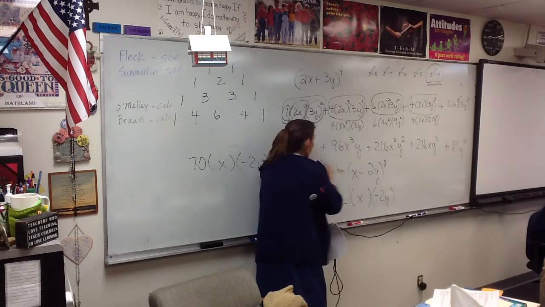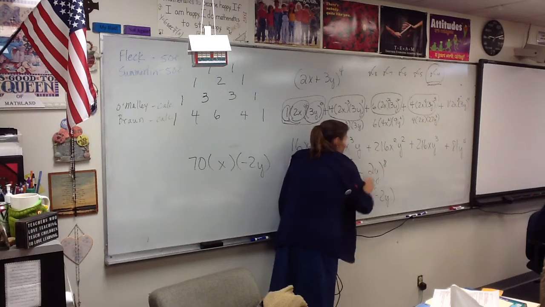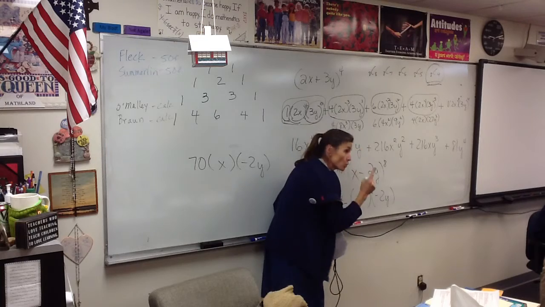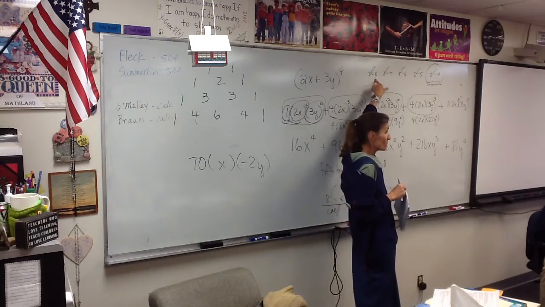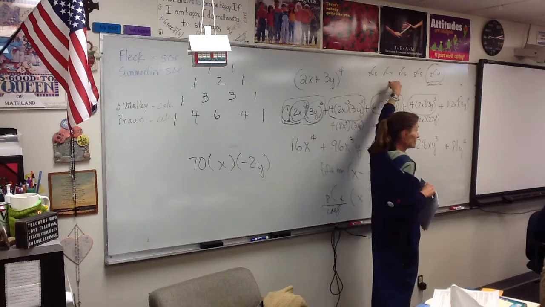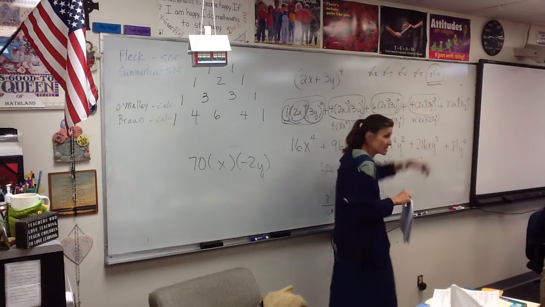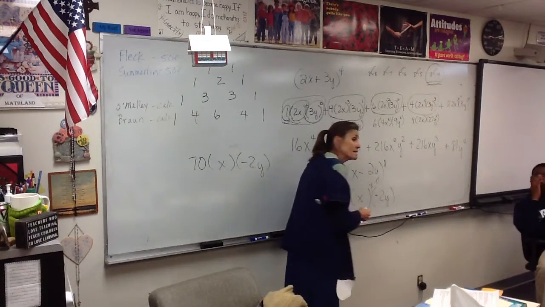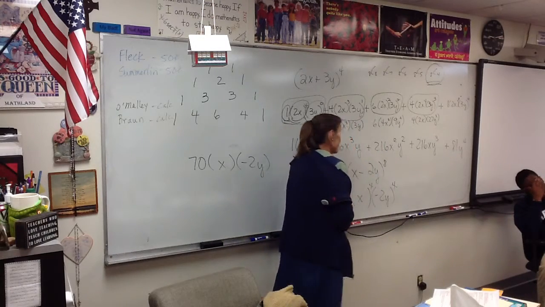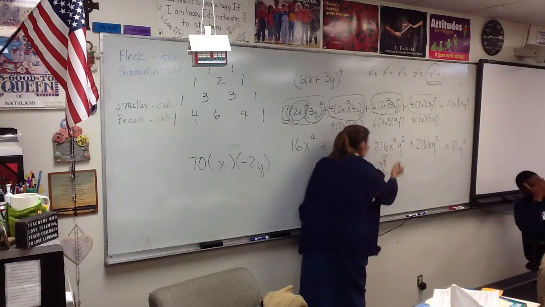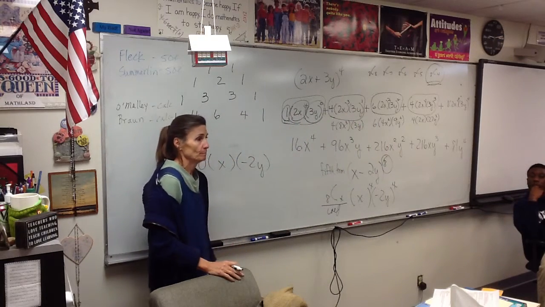If I wrote out the whole row, the first x exponent would be 8. So here, the x exponent would be 8, 7, 6, 5, 4. So my x exponent is 4, which means my y exponent is also 4 because the exponents have to add up to that every time.